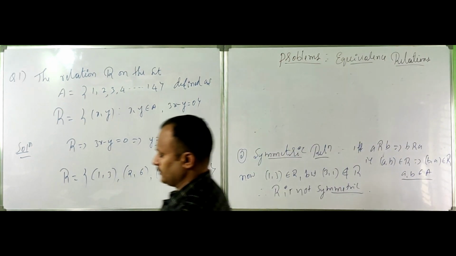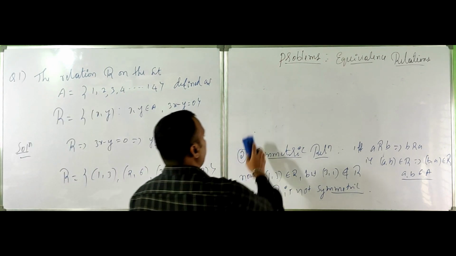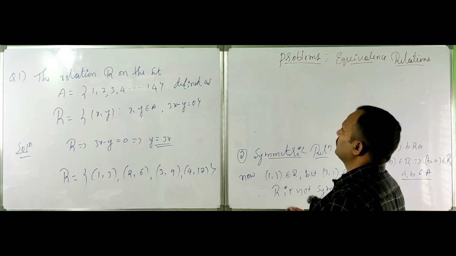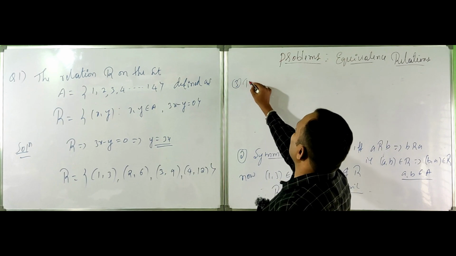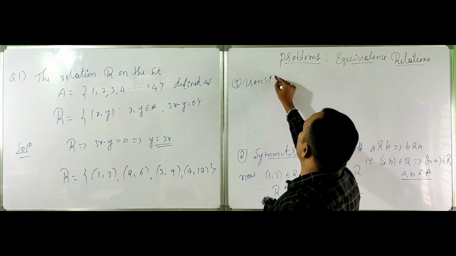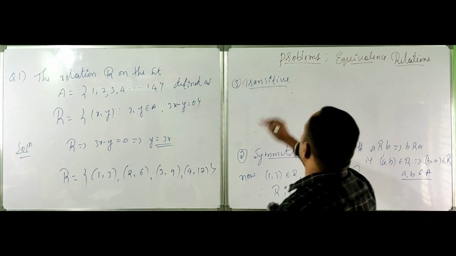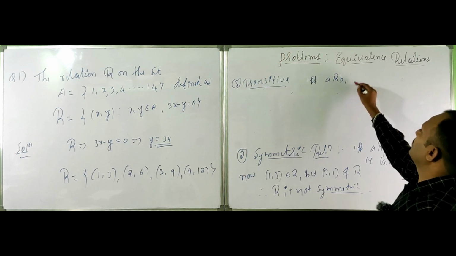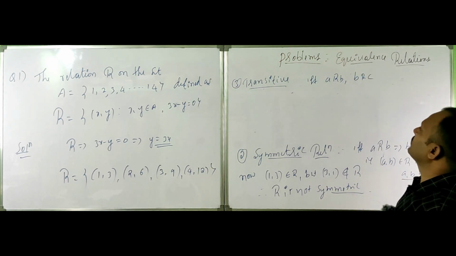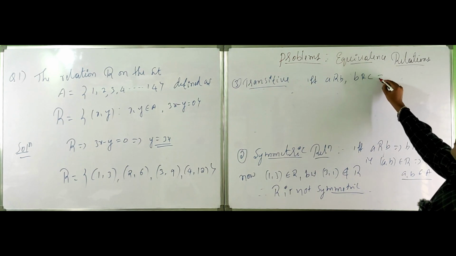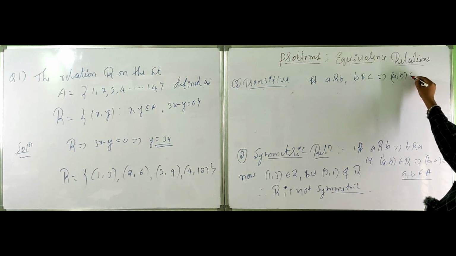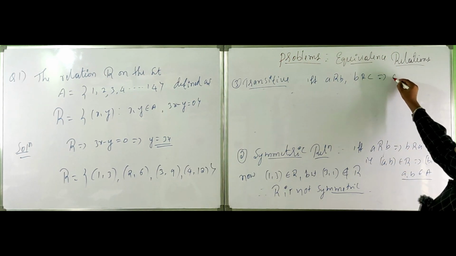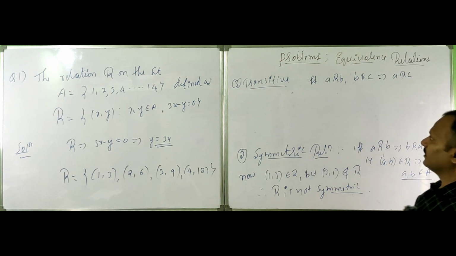Transitive. Third one is transitive. The condition is: if (a, b) and (b, c) belong to R, then it implies (a, c).